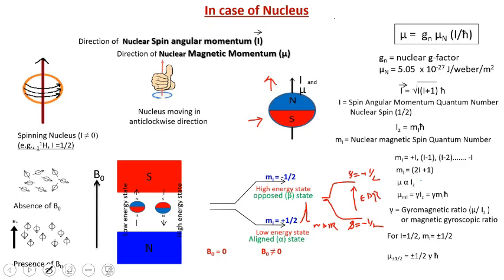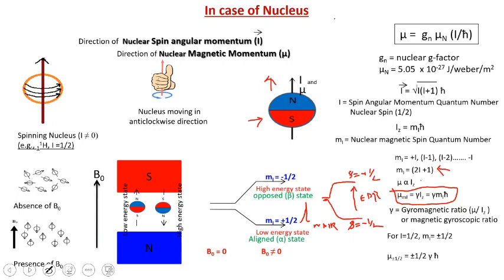In the case of a nucleus, both are in the same direction, and in addition to this, the relationship between the z component of the spin angular momentum and the magnetic moment gives an idea about the number of allowed energy states for a given nucleus when placed in the applied external magnetic field.